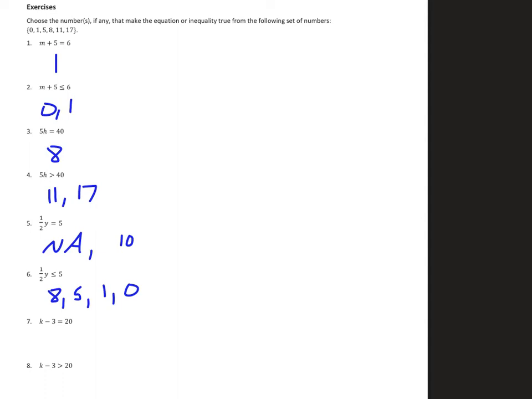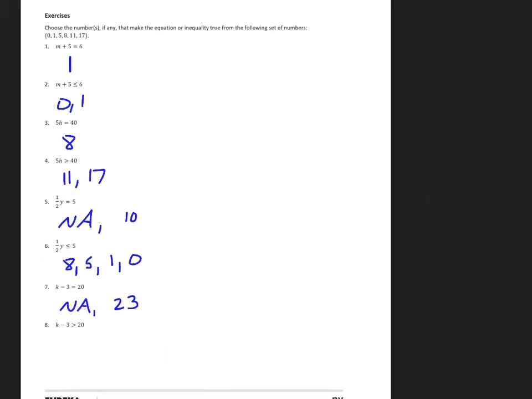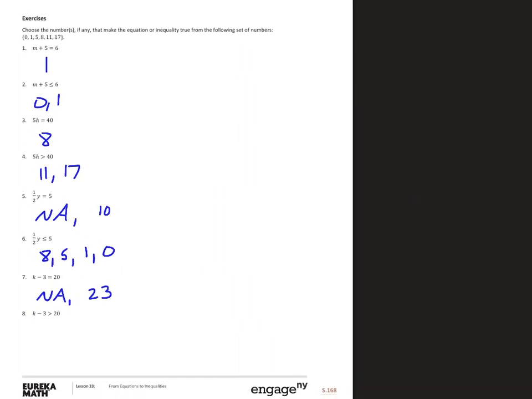Something minus 3 is 20, so it'd have to be 23. Not available. But for fun, I'll write 23. And our last problem, something minus 3 is greater than 20, I'm going to zoom out a little bit. So 23 would give me 20. That wouldn't work, so it would have to be 24 or more, which of course is not available.